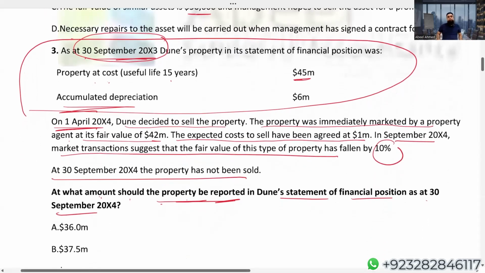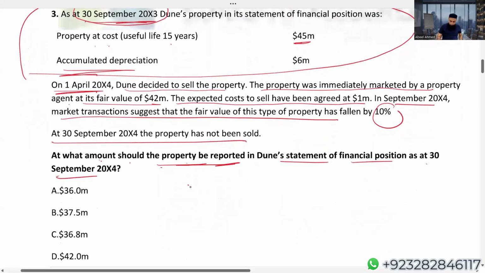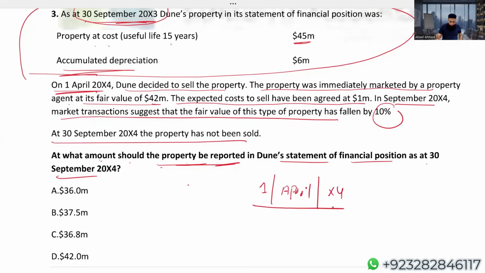First of all, students, the day we apply IFRS 5, first we need to calculate the carrying amount of that asset. 1st April X4, so they're not making us April fool, please. Property, and let's work in millions. Property 45 million.